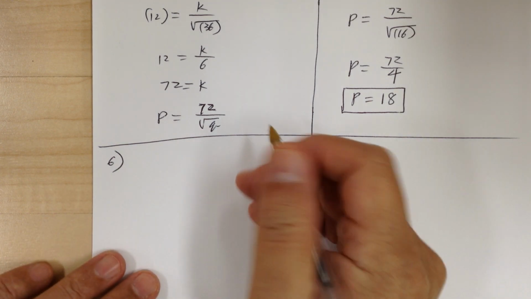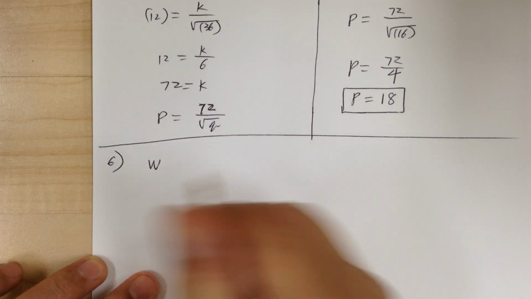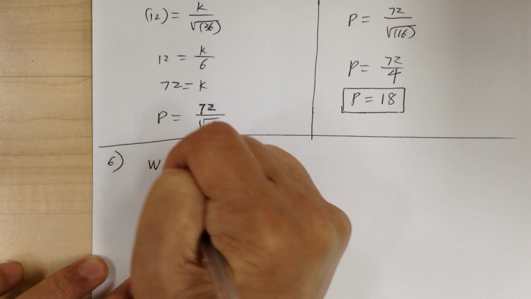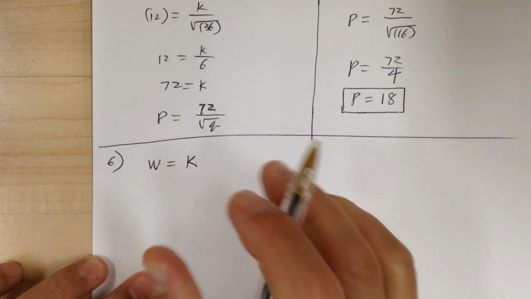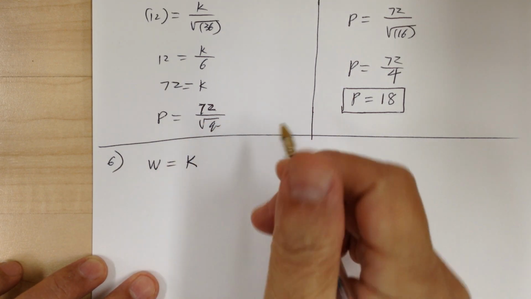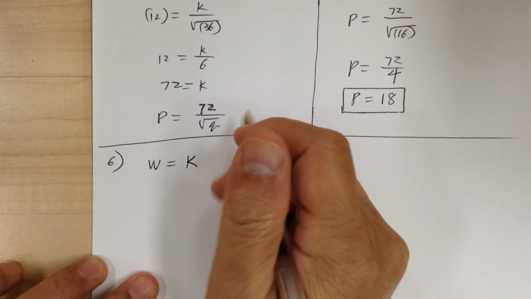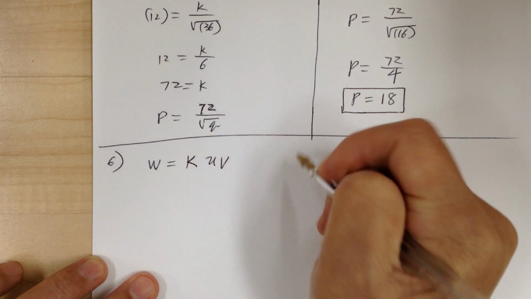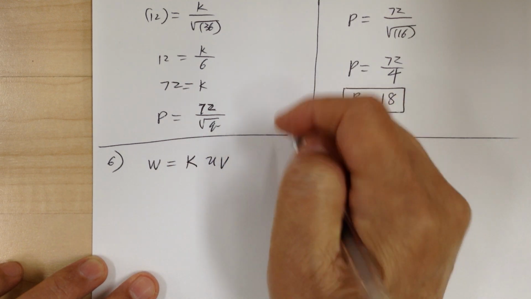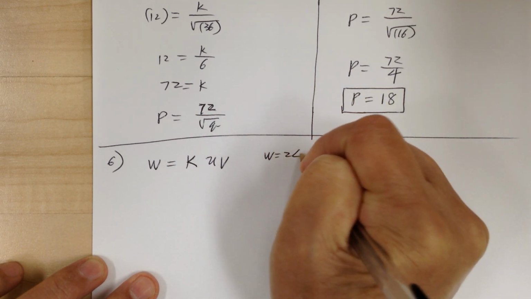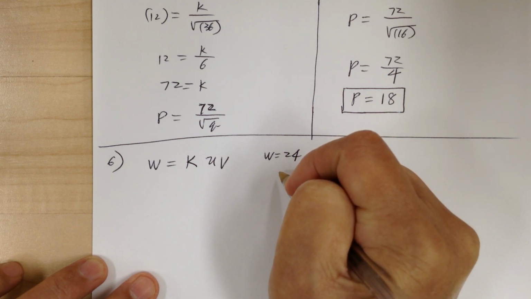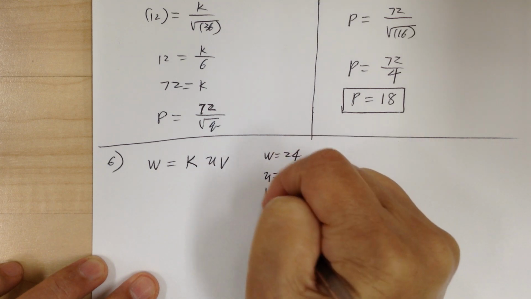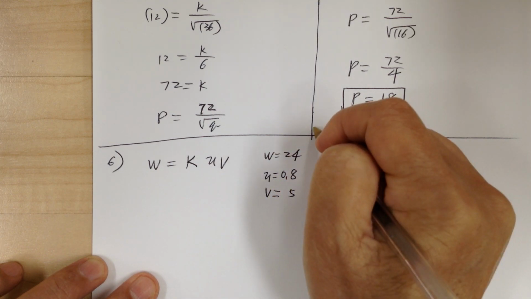Okay, so it's W. Again, when you translate, write things down as you read. So W is jointly proportional. Jointly proportional means a whole bunch of stuff after the K. So it's jointly proportional to U and V. And the first case is when W equal to 24, when U equal to 0.8, and V equal to 5.